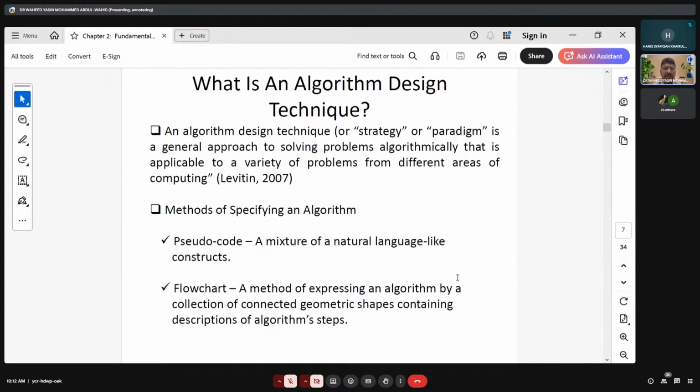Methods of specifying an algorithm: we have pseudocode, which is a mixture of natural language and programming-like constructs, and flowchart, a method of expressing an algorithm by a collection of connected geometric shapes containing descriptions of the algorithm steps. So you have flowchart and pseudocode.